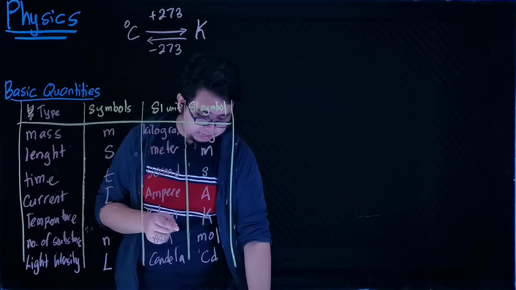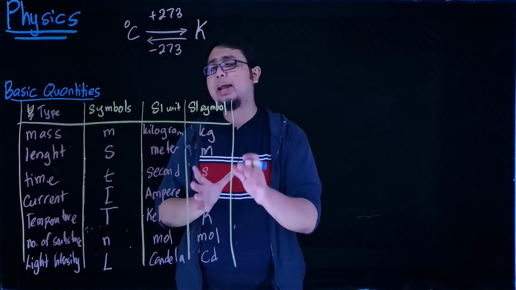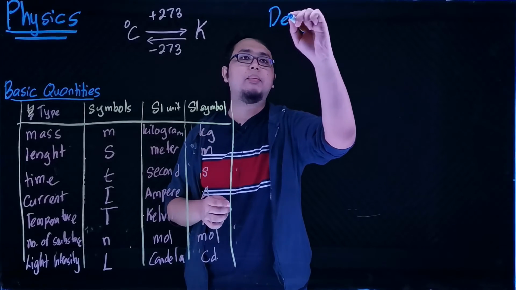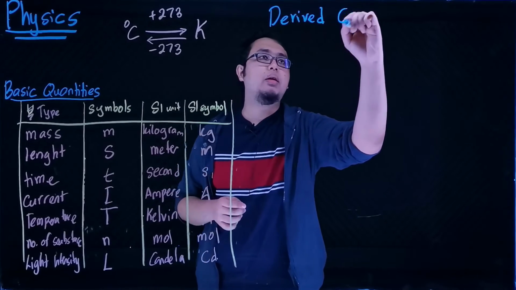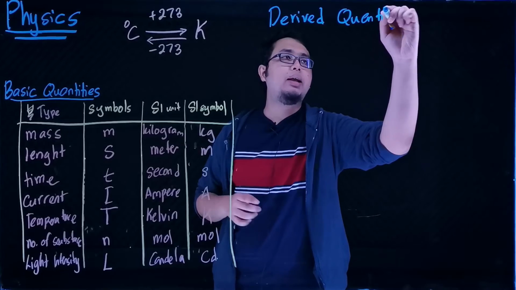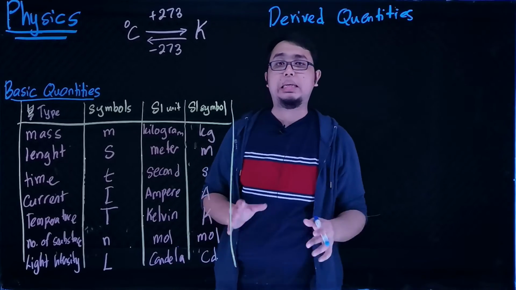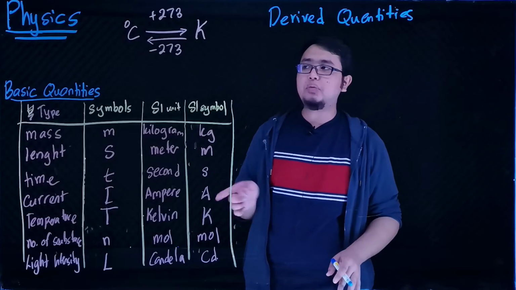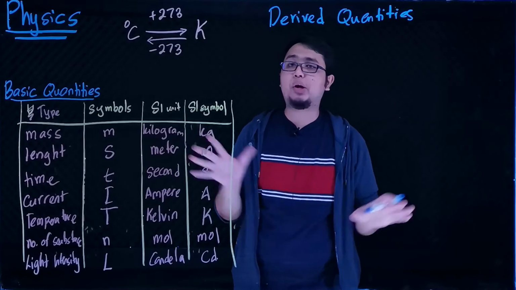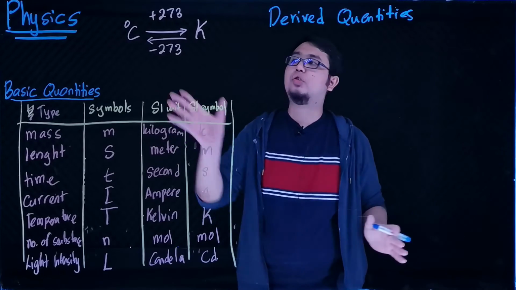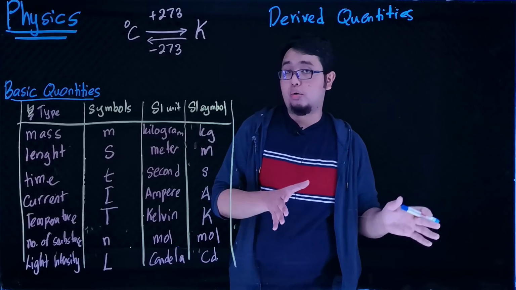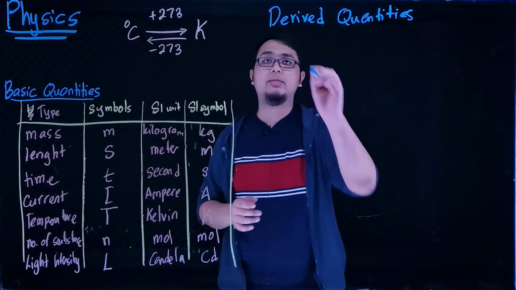These basic quantities can be combined with one another to form derived quantities. Everything other than these 7 is basically a derived quantity, and there are a lot of derived quantities. I'm just going to cover a few with you today, because as we go along through our physics studies, we're going to learn more of them.